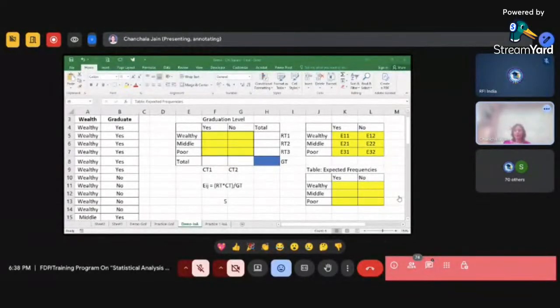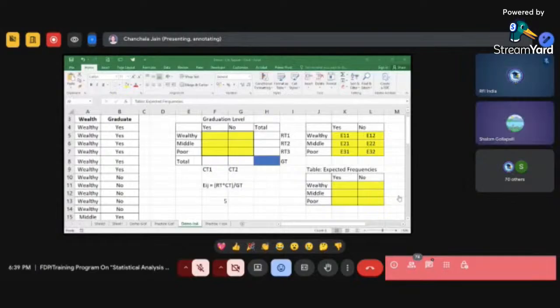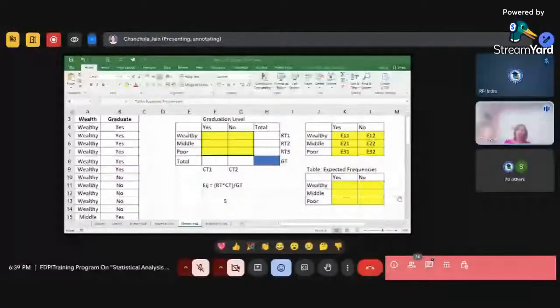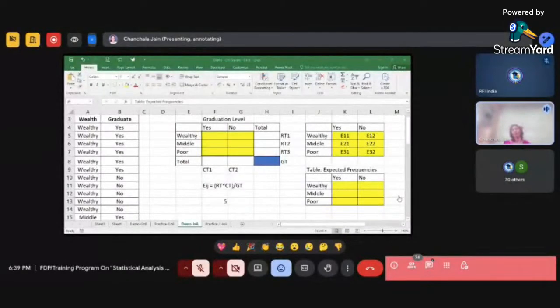Here I told you I have wealth status. How can I measure wealth status? I can only see whether the person is wealthy, middle wealthy, or poor. He or she tells me which category they belong to: wealthy, middle, or poor. Similarly, whether a person is graduated, the answer is obviously yes or no. So I can only count how many of my respondents are graduated and how many belong to the wealthy, middle, or poor status.